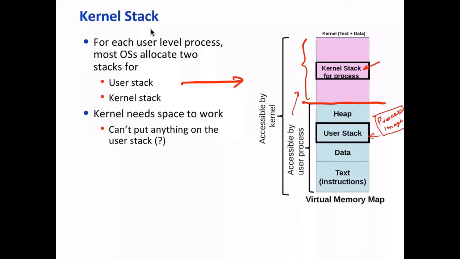Since this is a process, let's assume process P1, then this stack belongs to process P1. However, process P1 cannot access it. When the kernel is doing some activity for a process, it needs some space to keep the data corresponding to the process. Then it uses this area called the kernel stack.